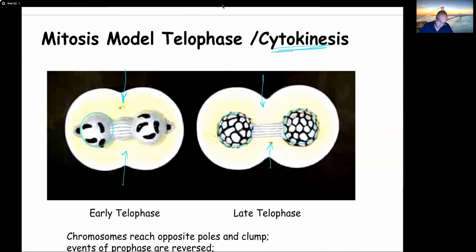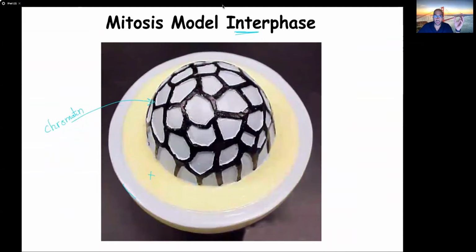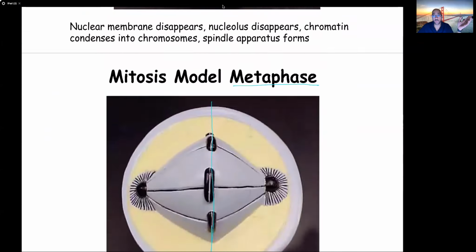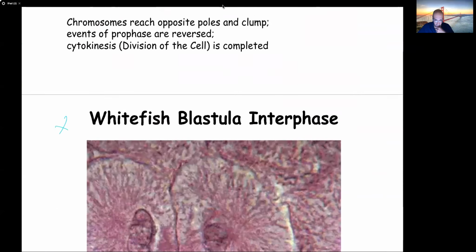This last phase of the mitosis is my telophase, and the separation of the two sides of the cell to produce two daughter cells that will be resembling the mother cell that we started with is called cytokinesis. So very, very important again is to identify the different phases of the mitosis as well as the cytokinesis.